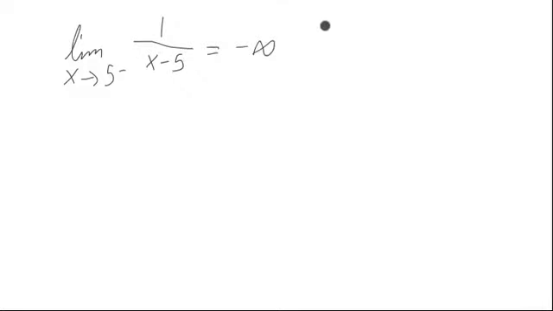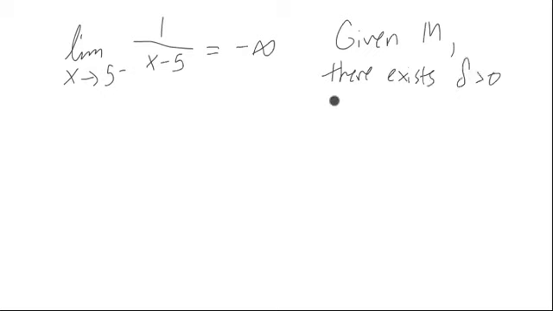So let's first write out what the statement is. Given, now for the y value, we're going to have an m for position because this is going low, or going downward to infinity. So given m, there exists a delta greater than 0 such that if, now here we don't use absolute values because they're only going to be on one side and we want whatever we write to be positive.